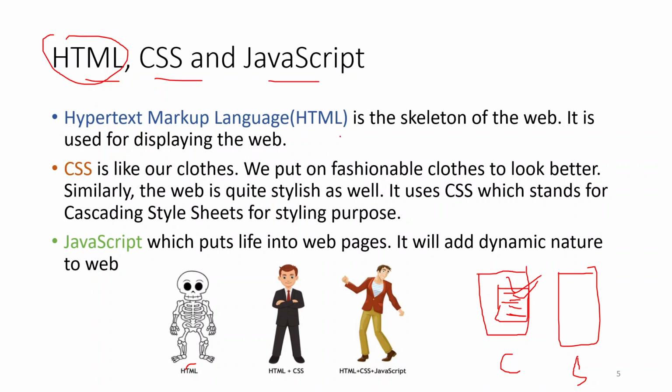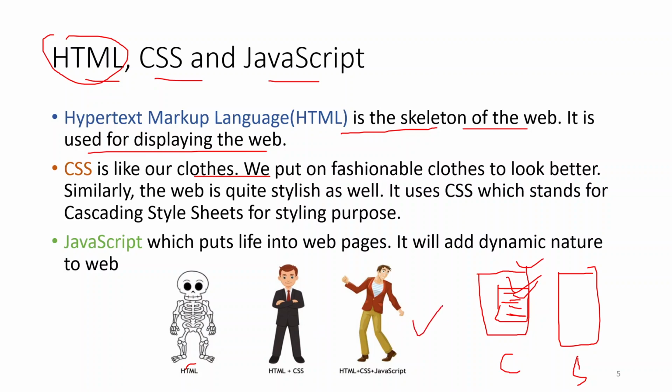So HTML is the skeleton of the web, used for displaying the web application, and CSS is like our clothes. We put on fashionable clothes to look better. CSS is used to make the look and feel better and more responsive.